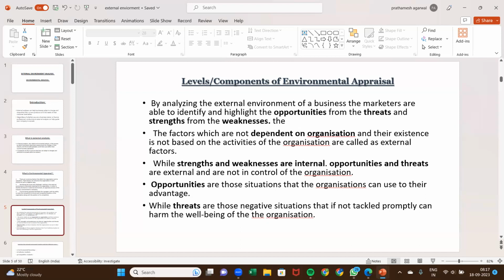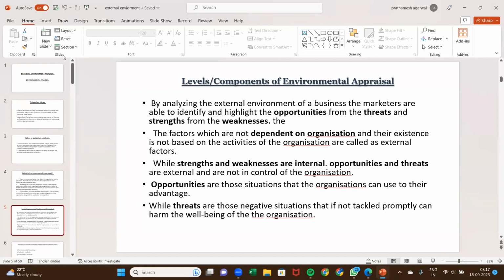Then the factors which are not dependent on the organization and their existence is not based on the activities of the organization are called external factors. So they are totally out of the organization. While strengths and weaknesses are internal, right? Strengths and weaknesses are internal.